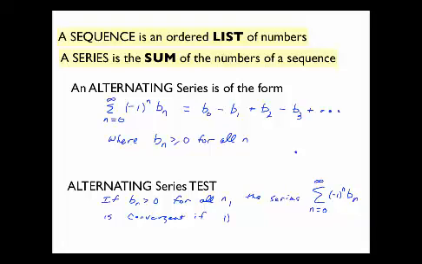A decreasing sequence means that every next term of the sequence is less than or equal to the previous, for all n. The other criteria that you need is that the sequence converges to 0.